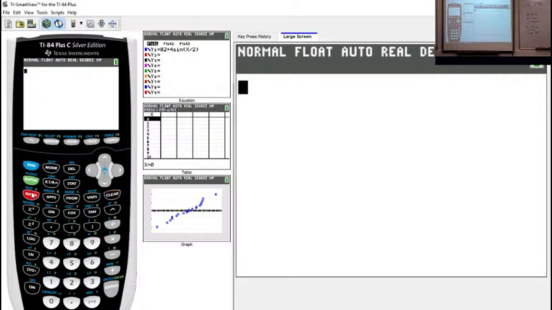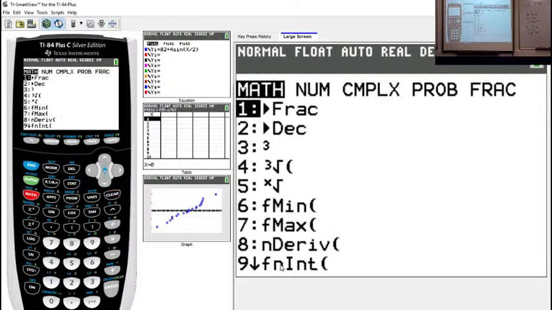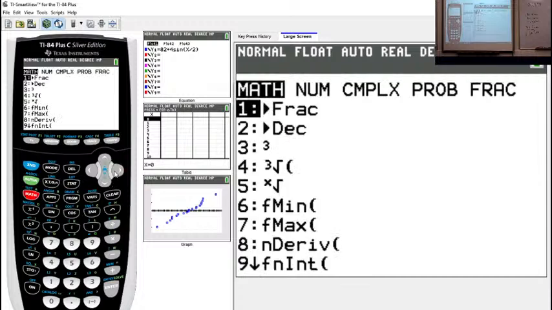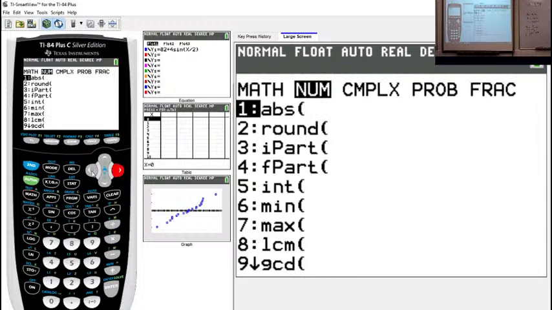The menu is math. Integral is 9. Math 9. That's fnInt. From 0 to 10 of, I want absolute value bars. Math over to number. The first option is absolute value.